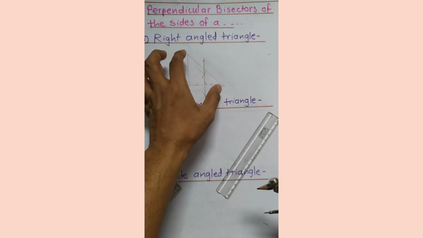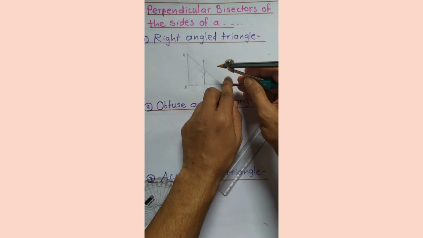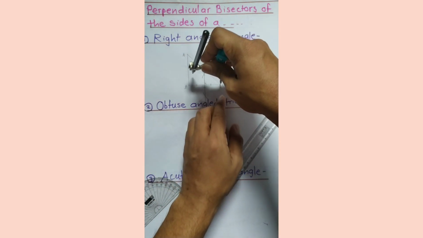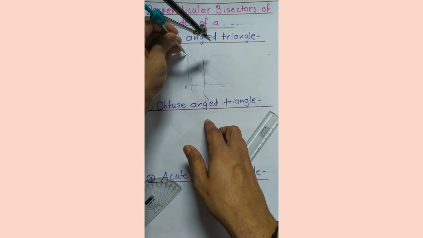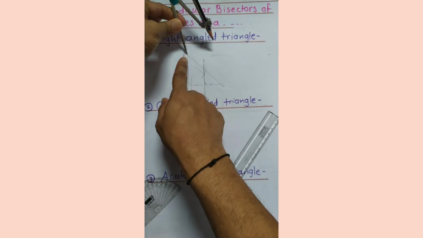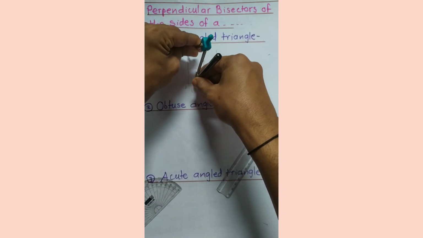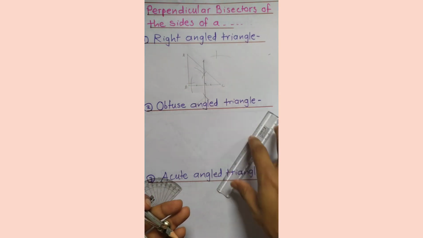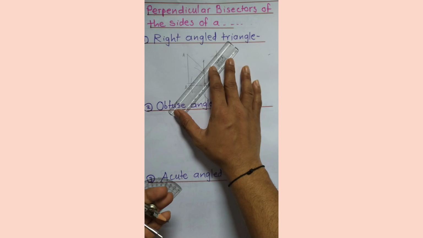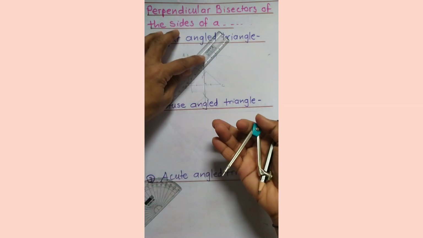Now we'll draw the perpendicular bisector of AC. Put the pointed part on the point C, take more than half distance, one arc here, one arc here. Keep the same distance and put the pointed part on A and draw two arcs. Now at the intersection of these two arcs, we draw one line which is passing through these two points.